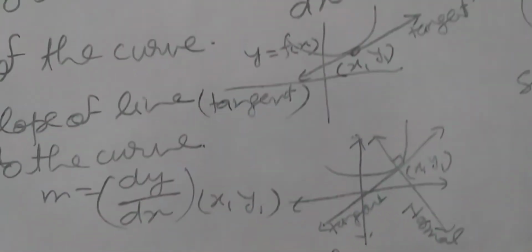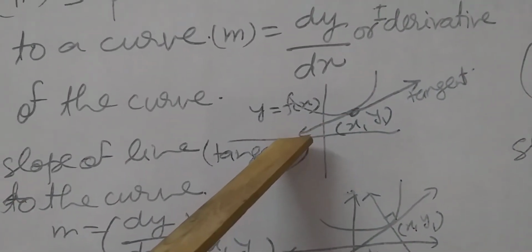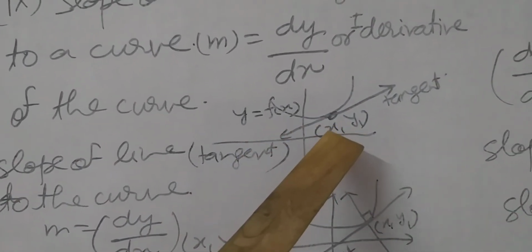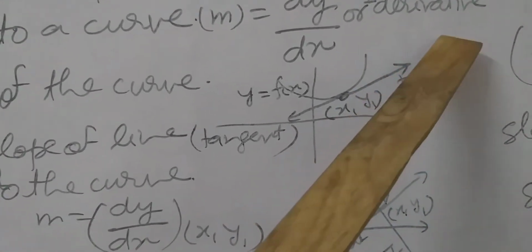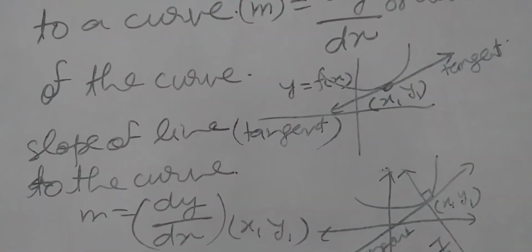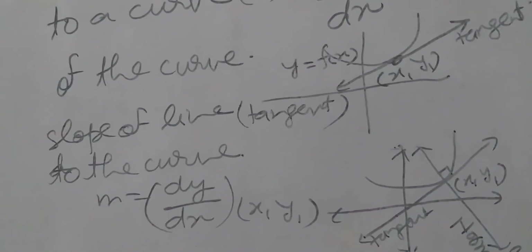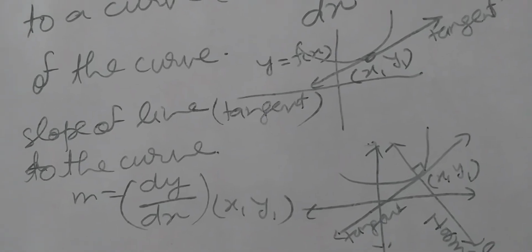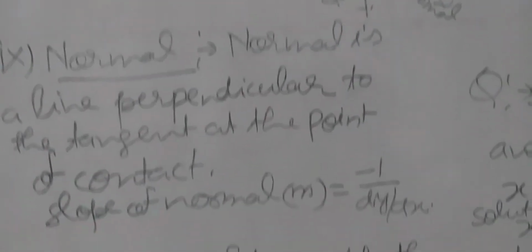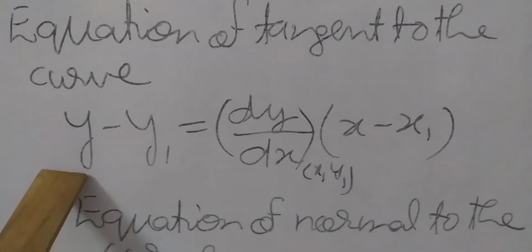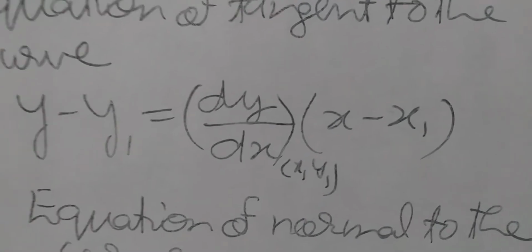Now, students, how can we find out the equation of tangent? Students, the tangent is passing through a point x1, y1 and its slope is given. So we can use the slope point form of the line which we studied in class 11. So the same formula I am going to use here. y minus y1 equals m bracket x minus x1.